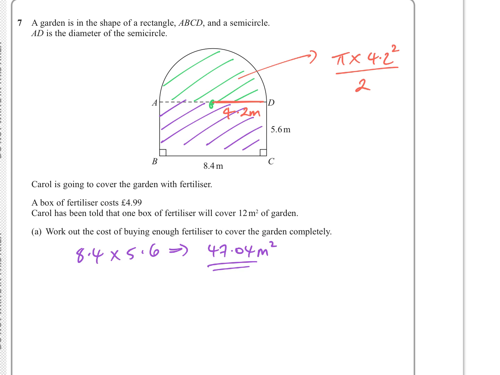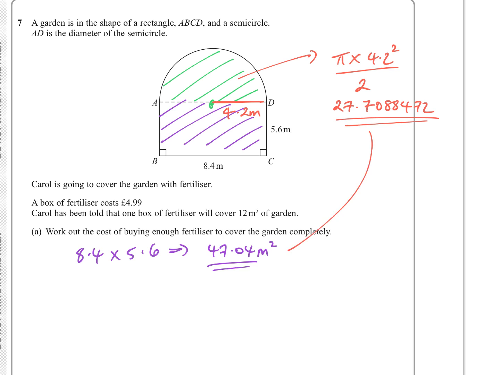So the area of the green part will be pi times the radius squared, but halved because it's a semicircle. So if we do 4.2 squared times by pi and then divide by 2, then we'll get an area of 27.7088472.